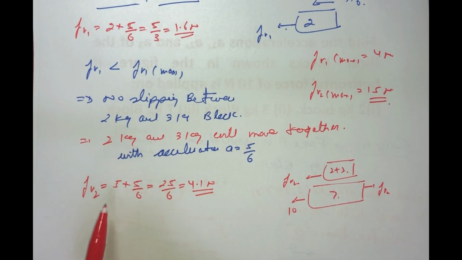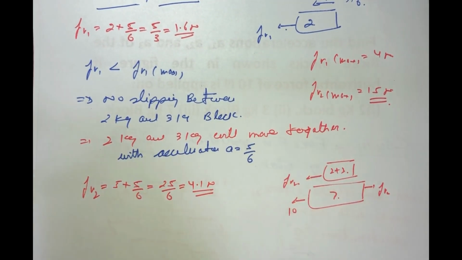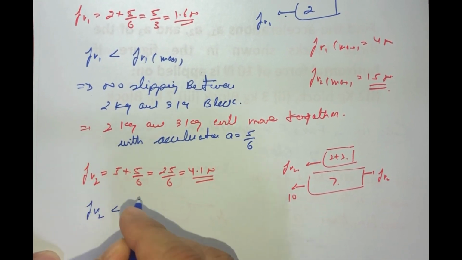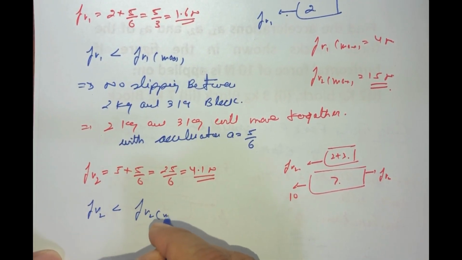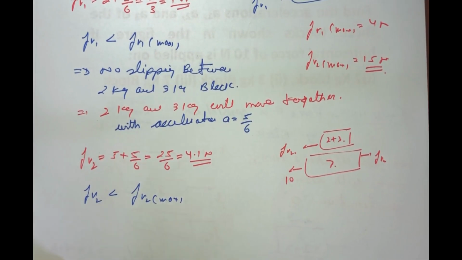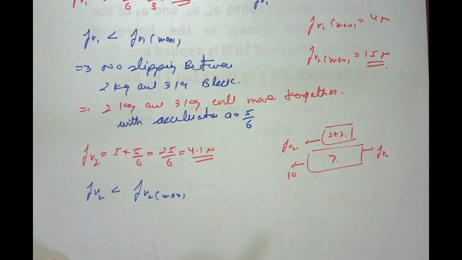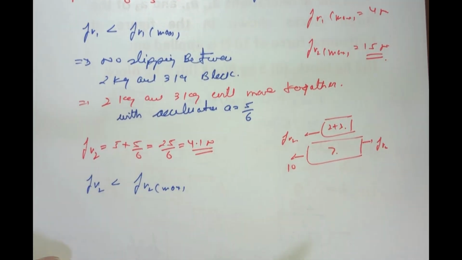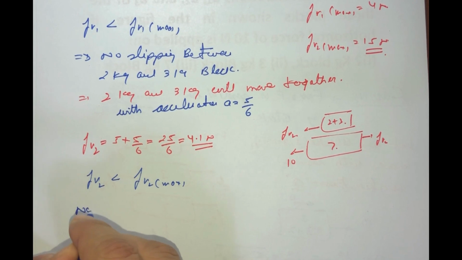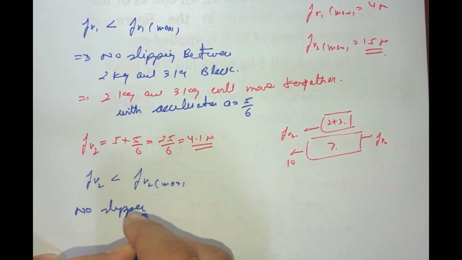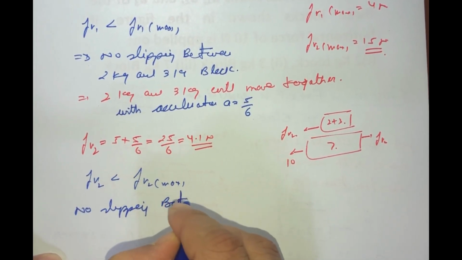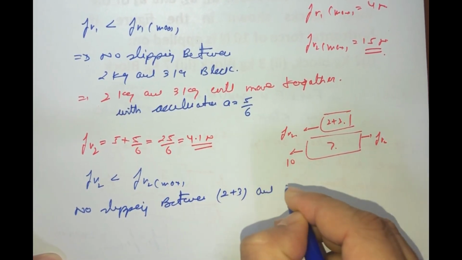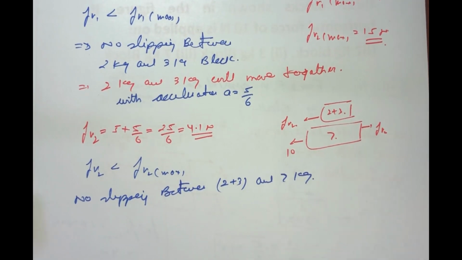Now we are going to compare Fr2 with Fr2 max. So from here we can say Fr2 is less than Fr2 max. So under this condition, there is no slipping between 2 plus 3 and 7 kg.